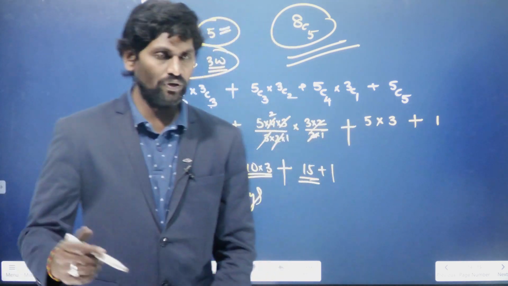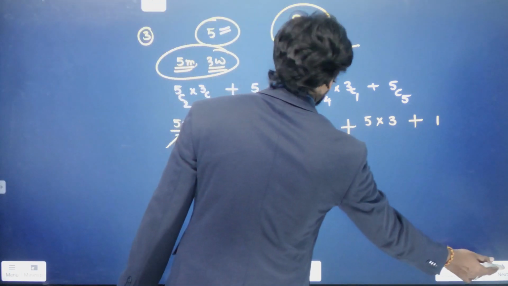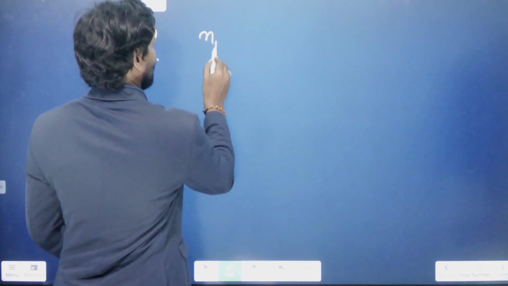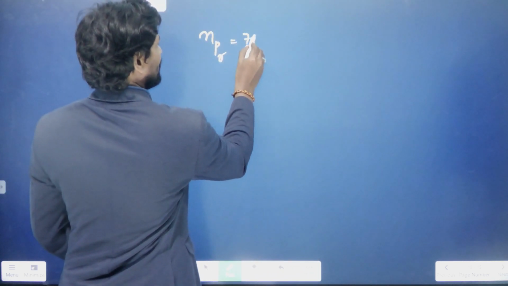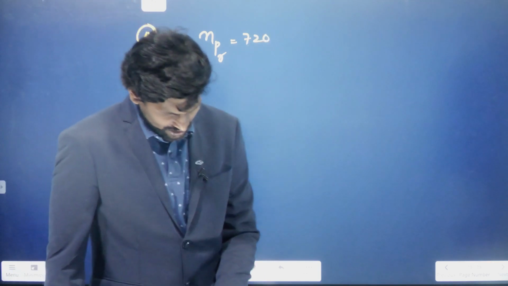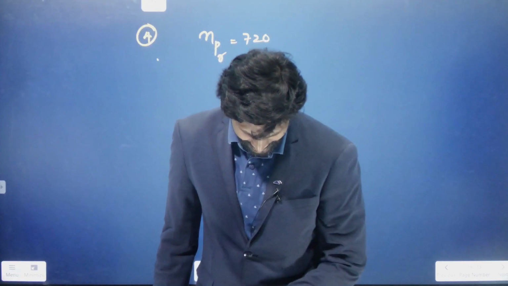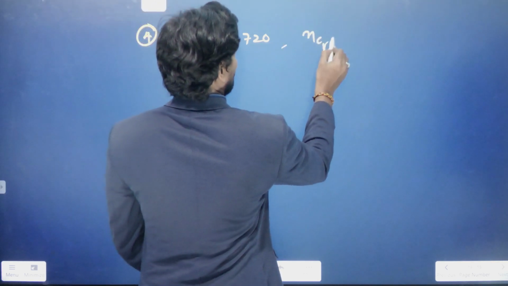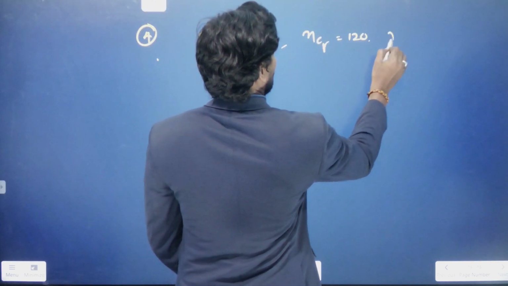So question number 4. If nPr is equal to 720, nPr value is 720, and nCr is equal to 120, the r value we should find. nCr equals 120, then what is the r value?